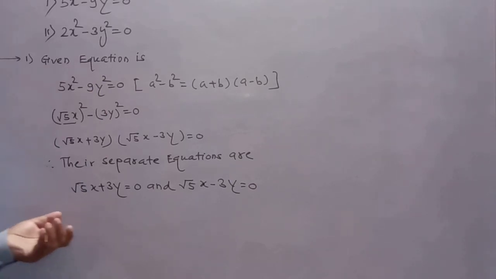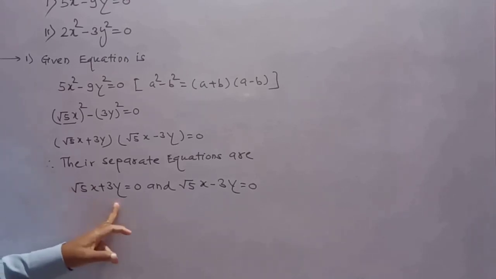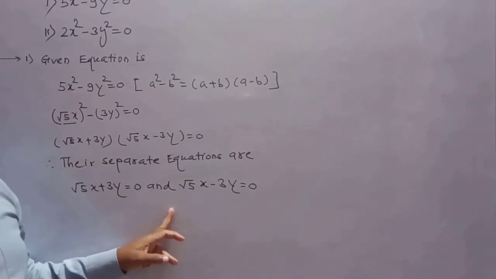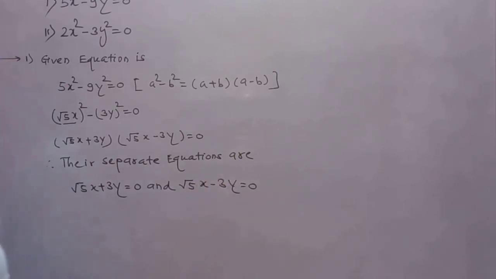This is the separate equation of the pair of lines: root 5 into x plus 3y equal to 0 and root 5x minus 3y equal to 0.